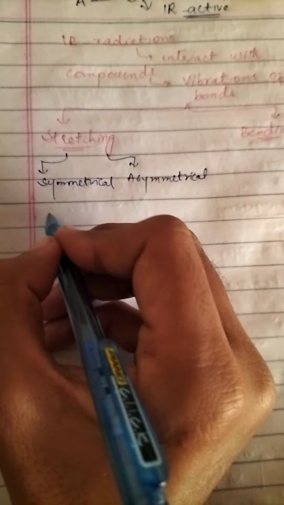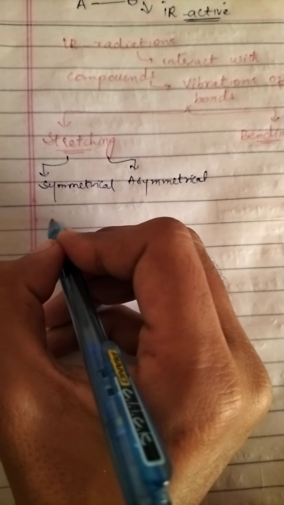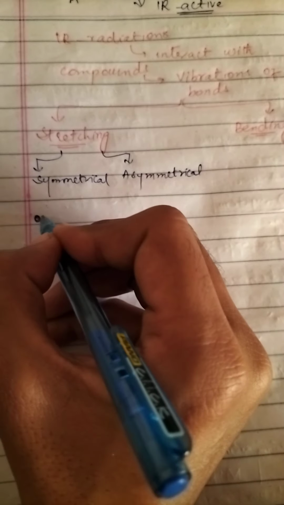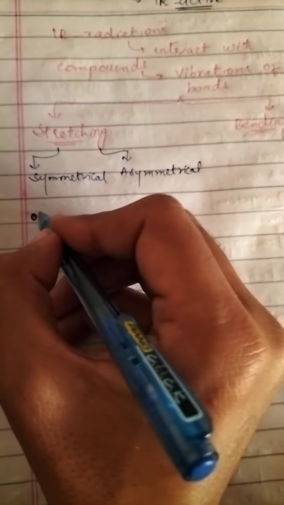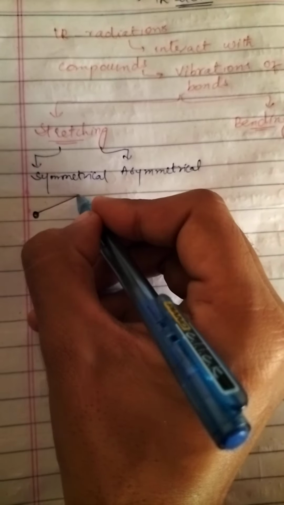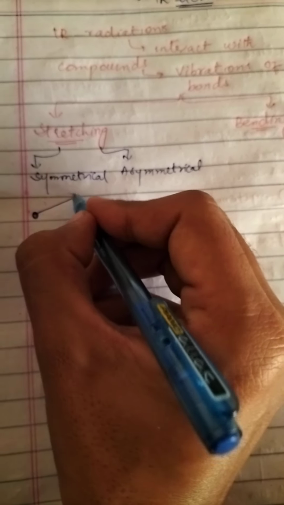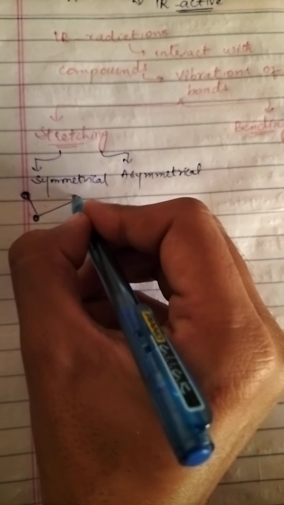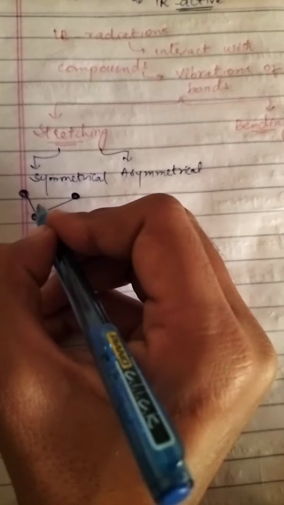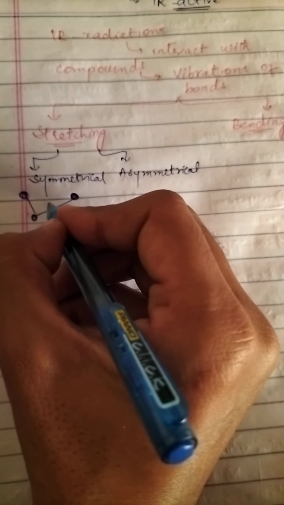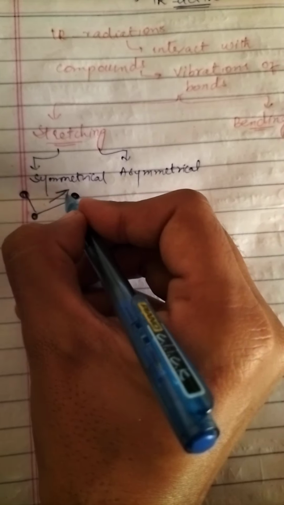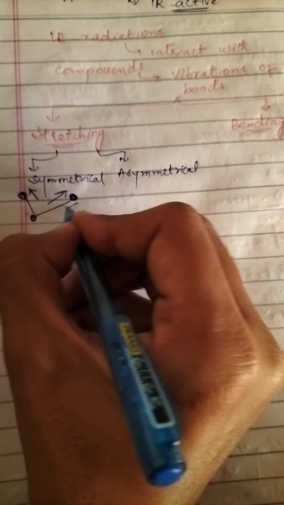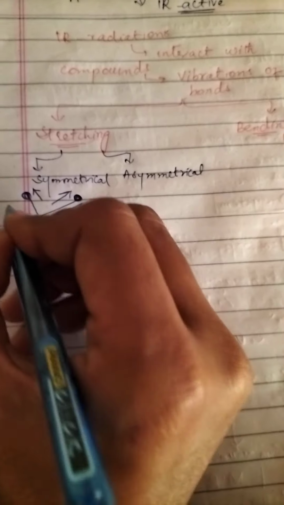In symmetrical stretching, consider here is an atom through which two atoms are attached. Both may move upward or may move downward at the same time.